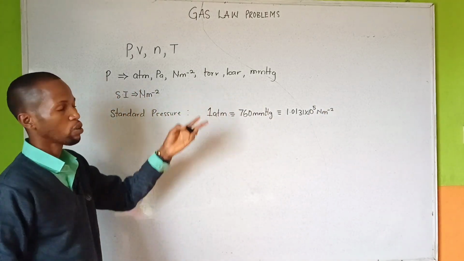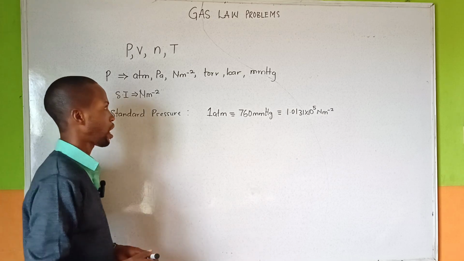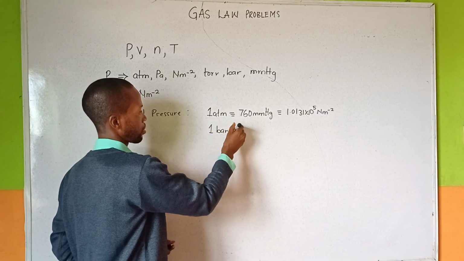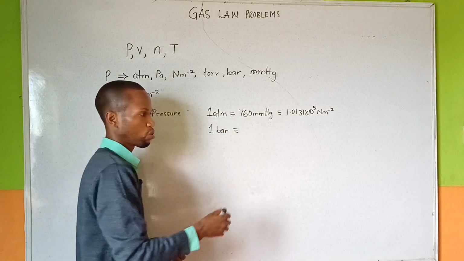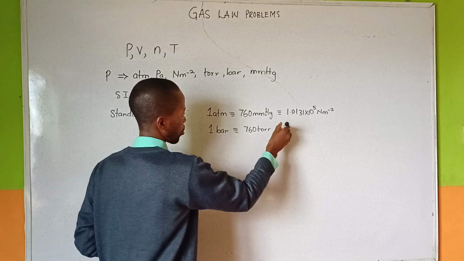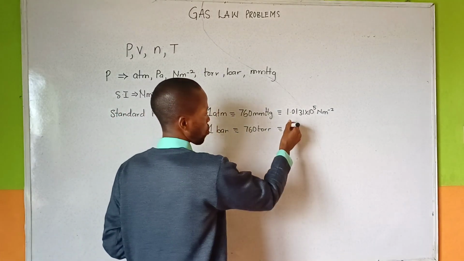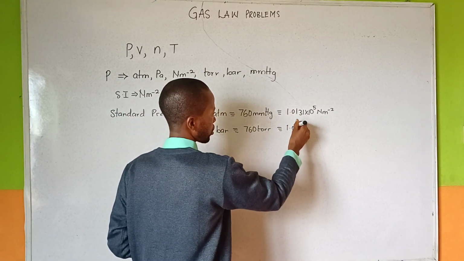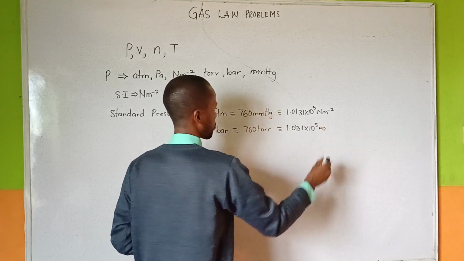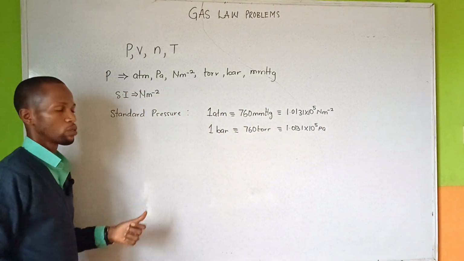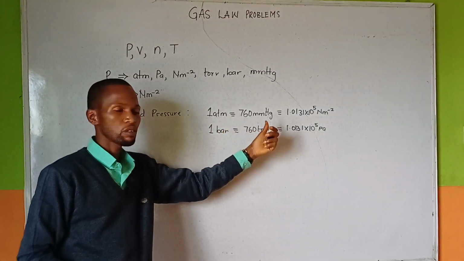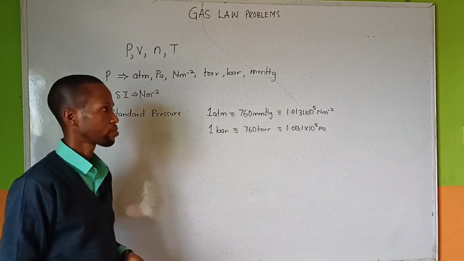We also have the older unit of pressure, the bar. 1 bar is equivalent to 760 torr, also equivalent to 1.0131 times 10 raised to power 5 Pascal. So pressure can easily be converted by taking these values as reference standard.